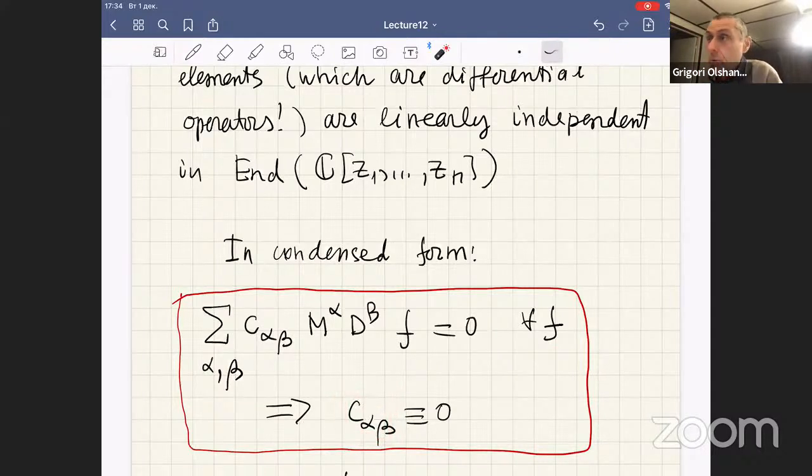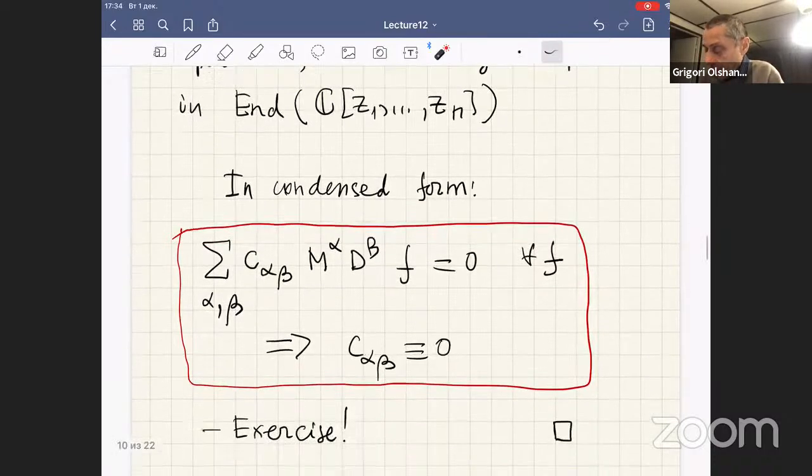It's easy to prove. Just apply this operator to some monomials and look at what happens. So by induction, it's easy to prove step by step that all these coefficients are actually equal to 0. So this is the end of the proof.